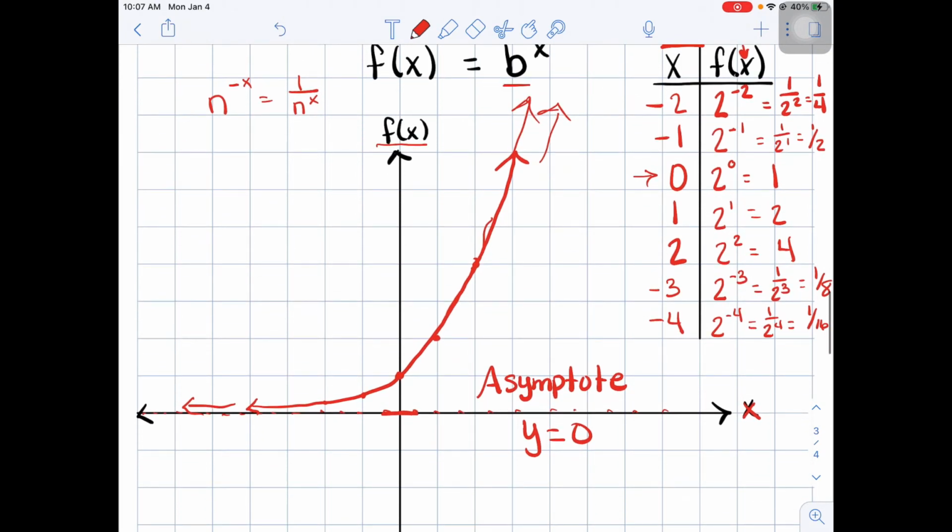So when we think about domains, we think about what they can go to. Domains are your x's. In this case, it's going this way, that's negative numbers, and remember domains are your x's. So we think about our x's right here.